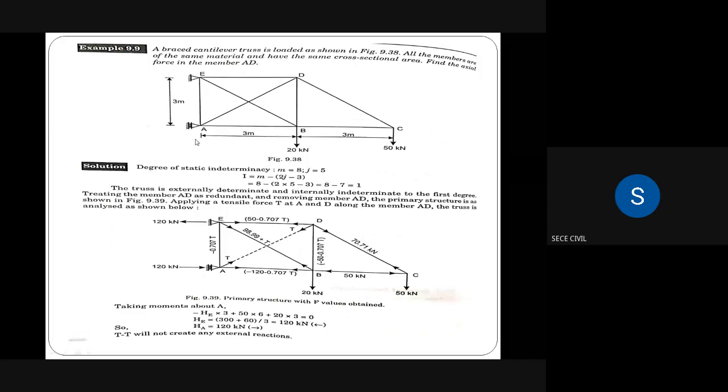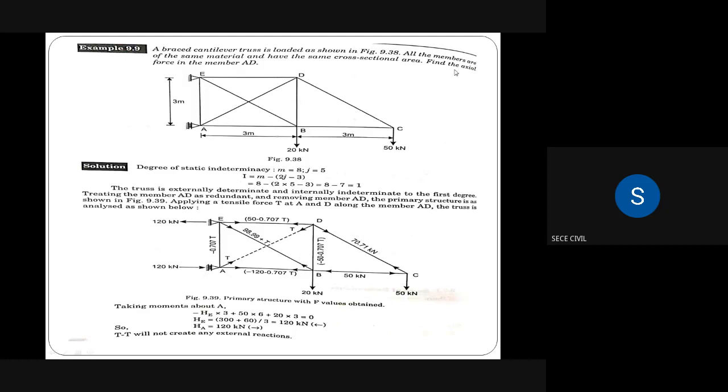So the solution. The first step is we calculated the degree of static indeterminacy, that is 1. Next, the truss is externally determinate and internally indeterminate. That is IE equal to 0. Here IA is equal to 1, internally indeterminate to the first degree. Treating the member AD as redundant. Why are we treating AD as redundant?